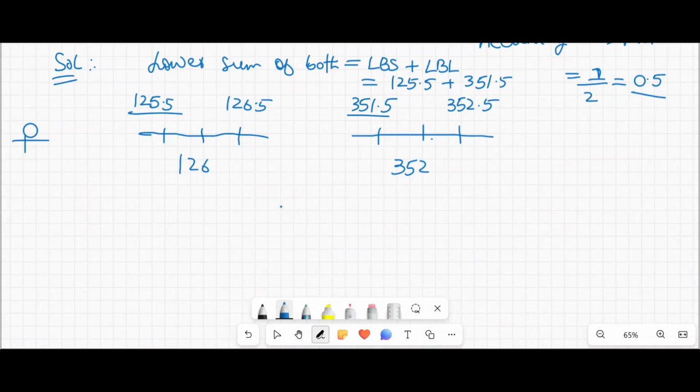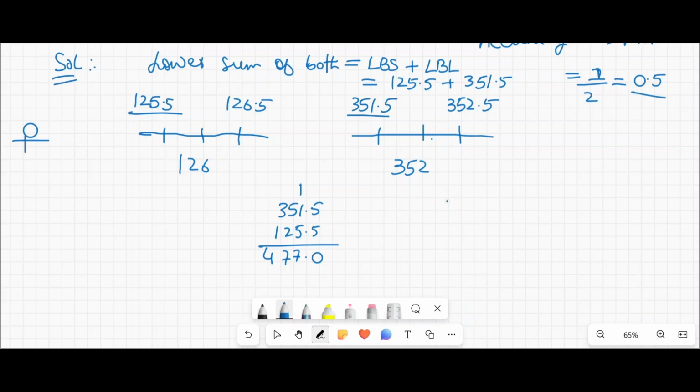So while doing this, 351.5 plus 125.5, 5 plus 5 you will get 0, 1 will go up, 1 plus 1 you will get 2, 2 plus 5 you will get 7, 5 plus 2 you will get 7, and 3 plus 1 you will get 4. So the minimum length of the two pieces is 477 millimeter.